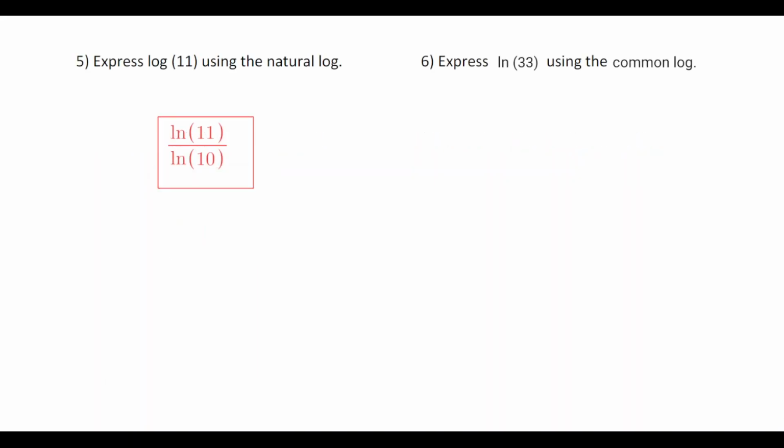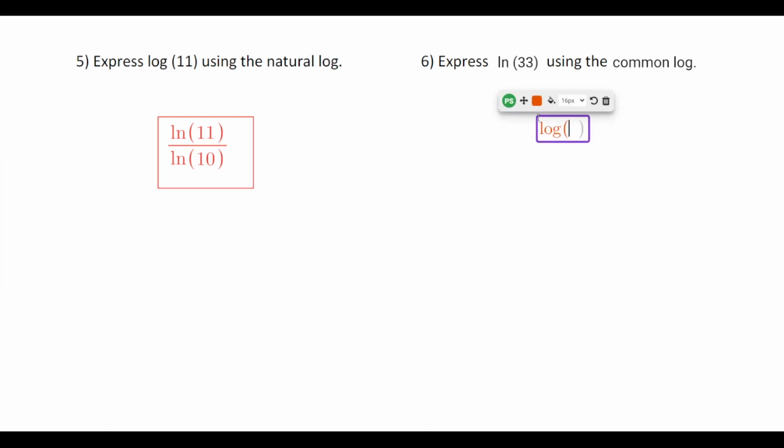All right, so number 6, we're asked to express natural log of 33 using the common log. So the common log is going to be your log base 10. Let's make this a little bigger here. Log base 10, you don't normally write the 10. This is our common log.